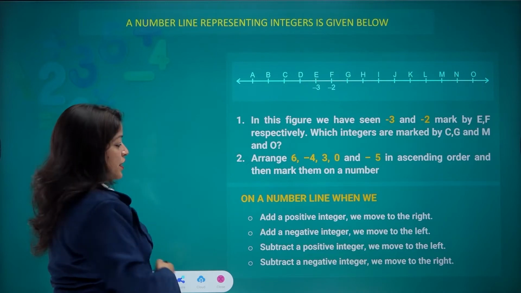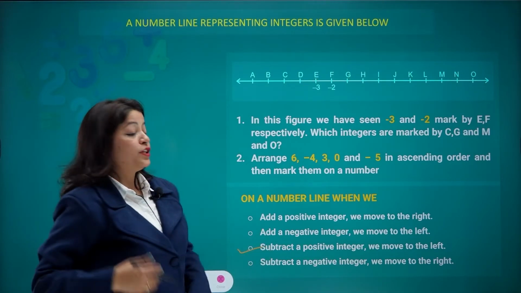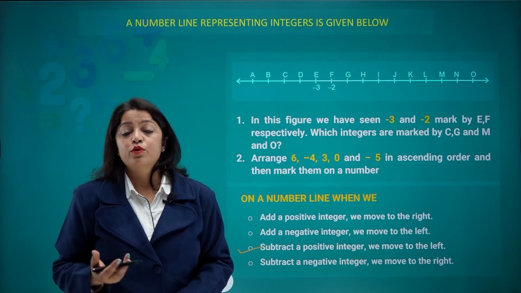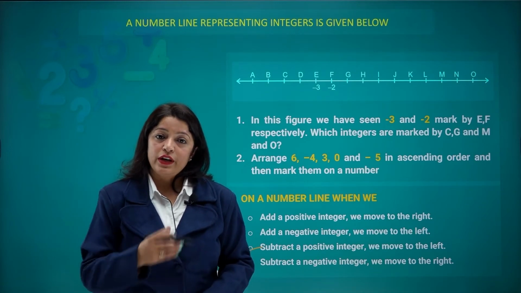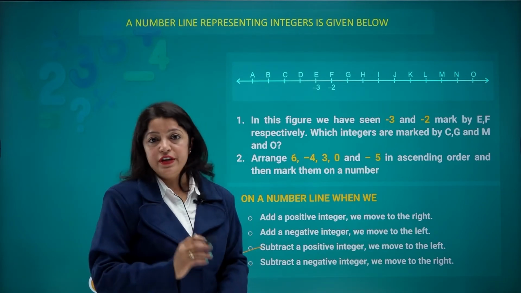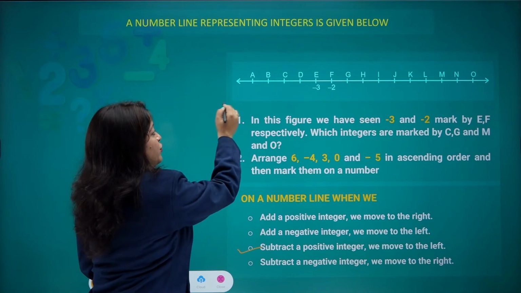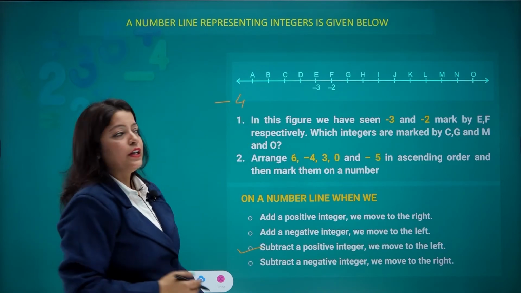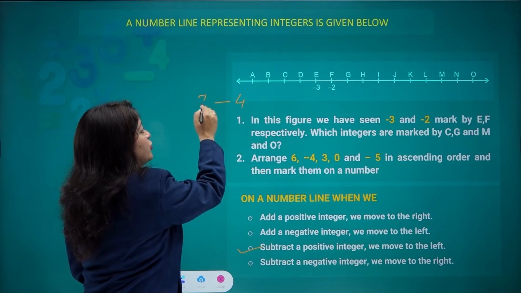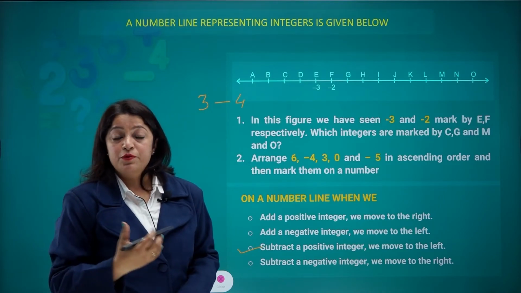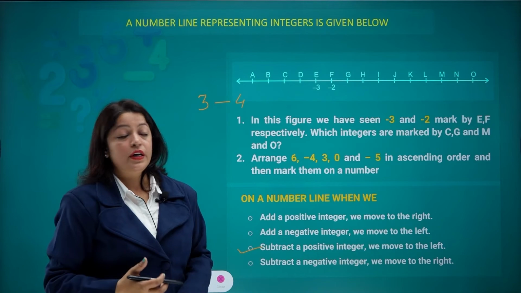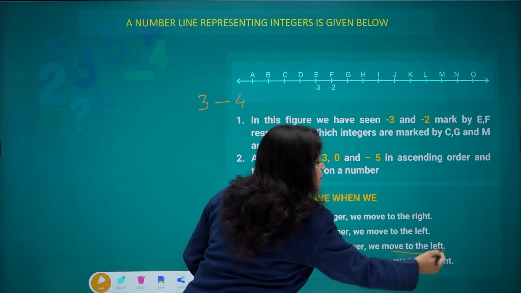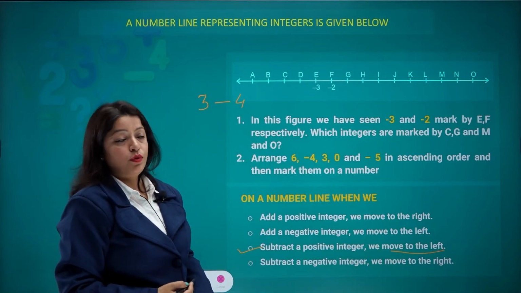The third law states: subtract a positive integer, we move to the left. That means whenever you are subtracting a positive integer, for example the number 4 from a positive integer, say 3, I have to move to the left-hand side.